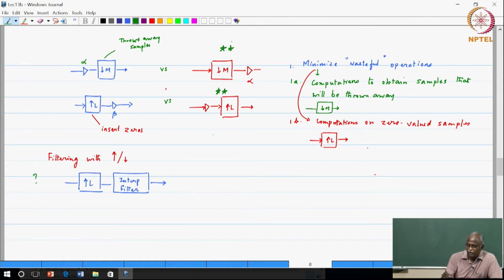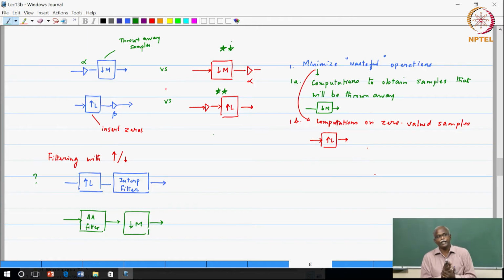The second case that we looked at was when I want to do downsampling. In that case, we said, precede it with an anti-aliasing filter, and then followed by the downsampling. So, the most common or the simplest of operations that you would combine with upsampler and downsampler are the corresponding filters.